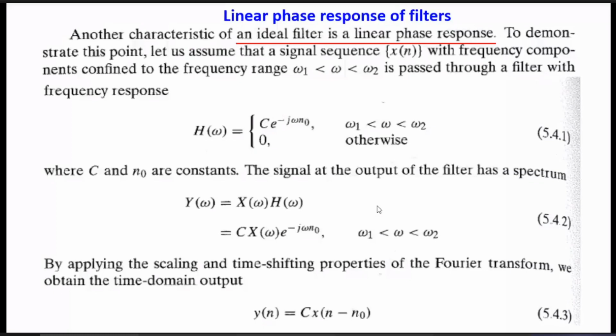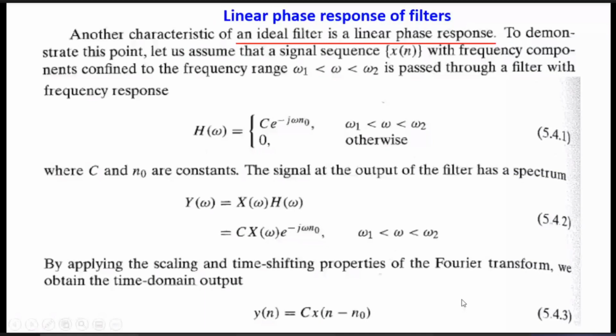Now if you take the inverse Fourier transform, it will give you y(n). Since in the frequency domain X(omega) is multiplied with e to the power minus j omega n0, in the time domain it would be a time shift. So it is C into x(n minus n0).